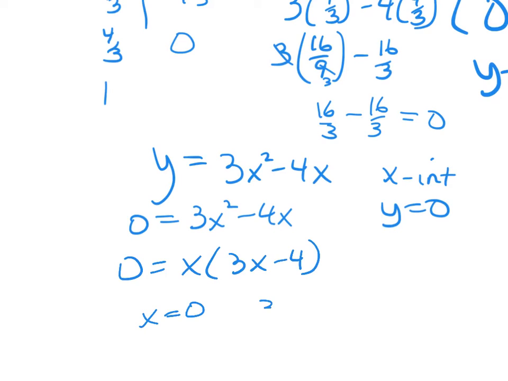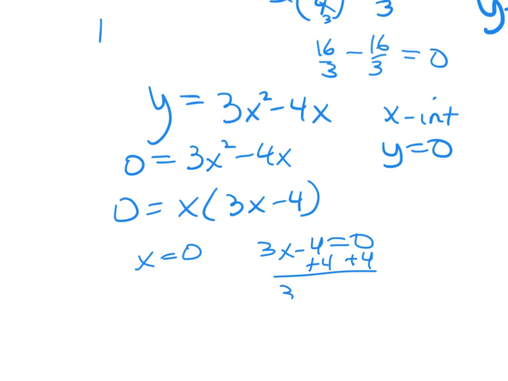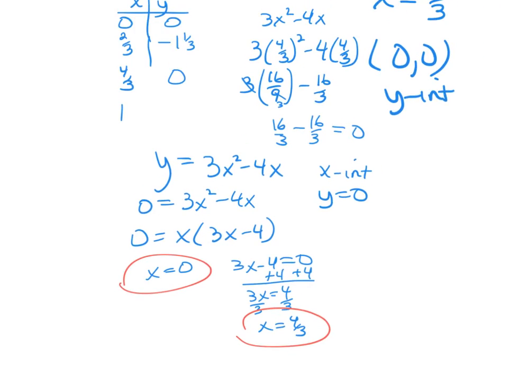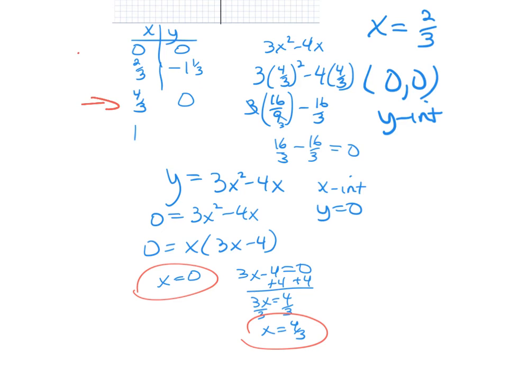So x equals 0, 3x minus 4 equals 0, 3x equals 4, divide by 3, and x equals 4/3. So notice my two x-intercepts are the same numbers that I got from my table, because see, y equals 0. So that's another way that you can find x-intercepts, by setting y equal to 0.